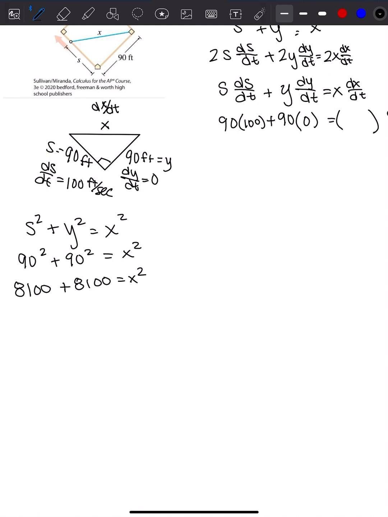If I combine these two together, we should get 16,200, which means we are going to have the square root of 16,200.